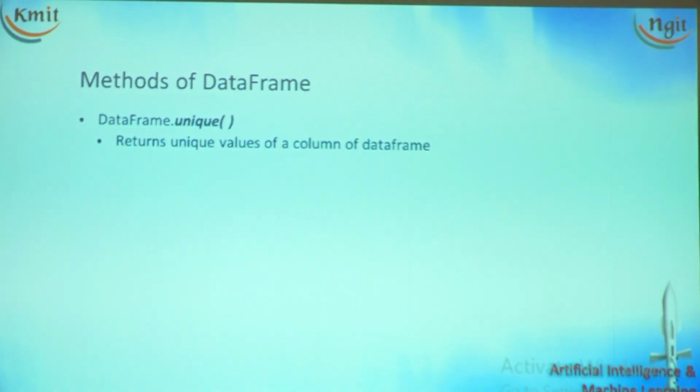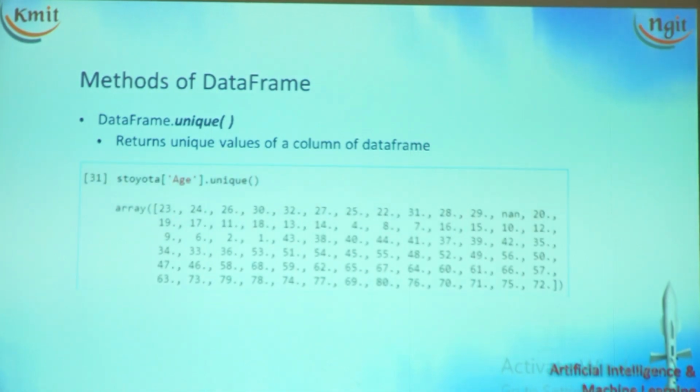Can I scroll through 1436 rows? So what do I do now? To the doors column, I apply unique method. Please do that. To the doors column, you apply unique method. Here I have applied it to age on the slide, you do it for doors. So what did you get?